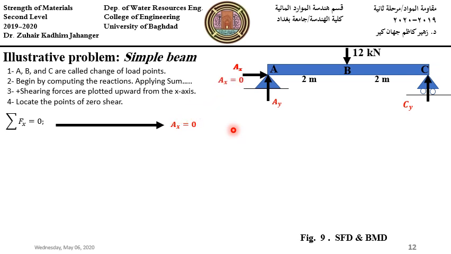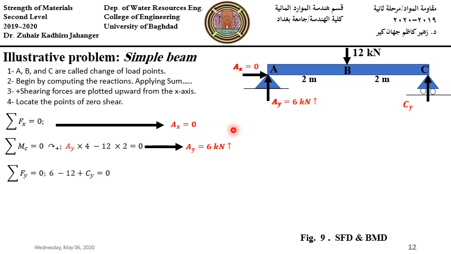By equating to 0 the summation of moment about C, with clockwise direction positive, this yields A sub y equals 6 kilonewton upward. We next equate to 0 summation Fy. This yields that C sub y equals 6 kilonewton upward.